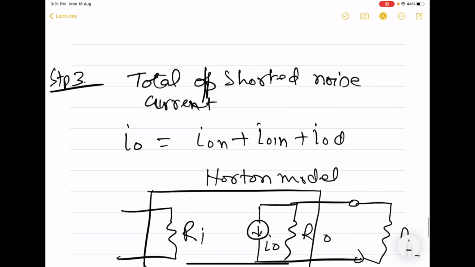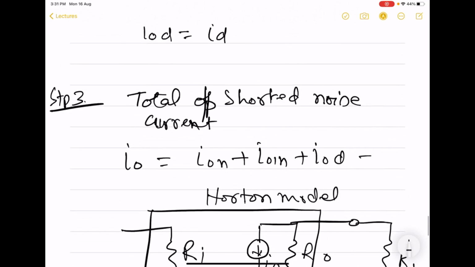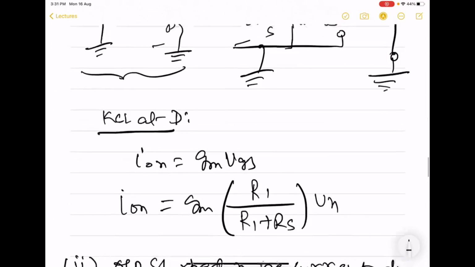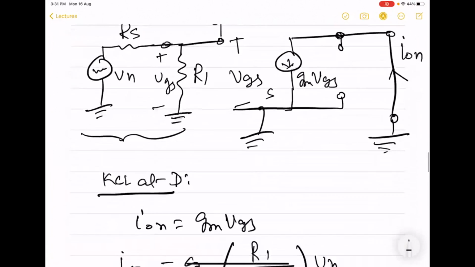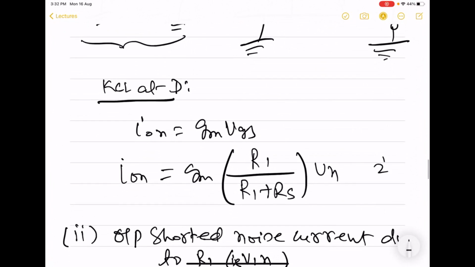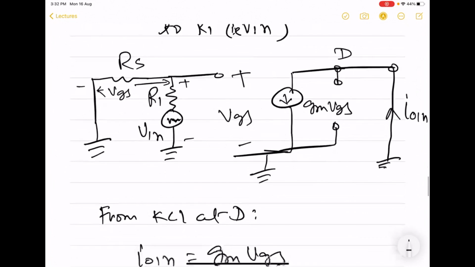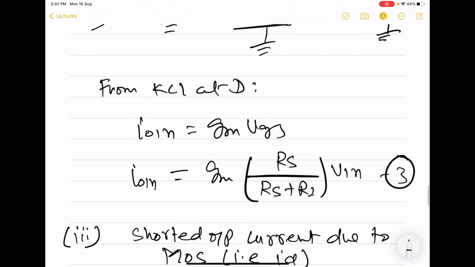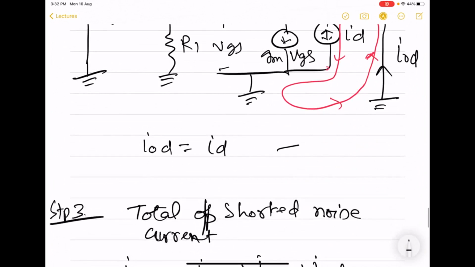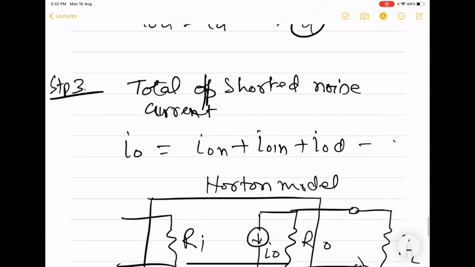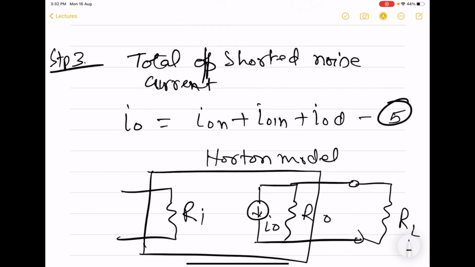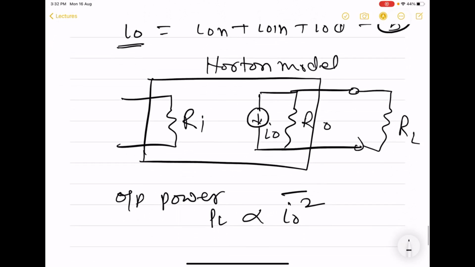What we have already found out here, the other equation says this is 2, this is 3, this is 4 and 5. So we just need to find the mean square of this total output current that we have found, and that will give us the total output power.